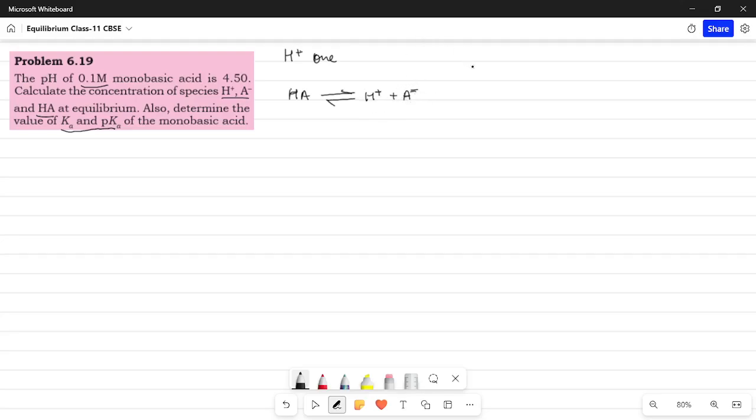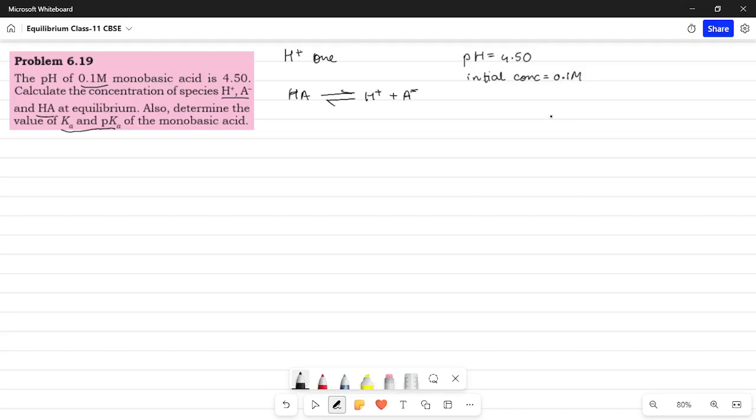Now let's write down what's given to us. They've only given us the pH, which is equal to 4.50, and they've also given us the initial concentration, which is 0.1 molar.